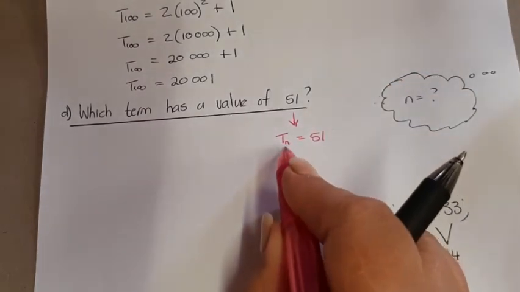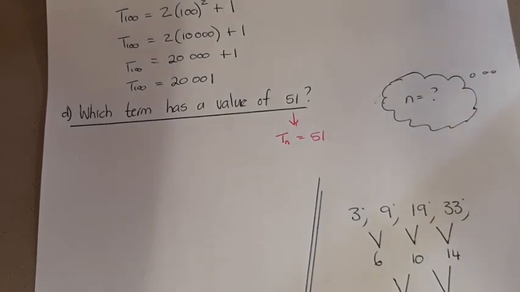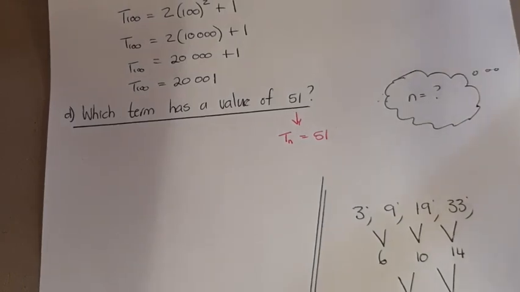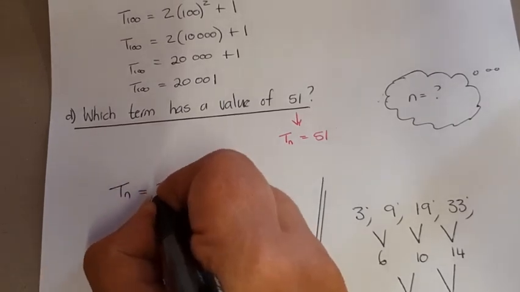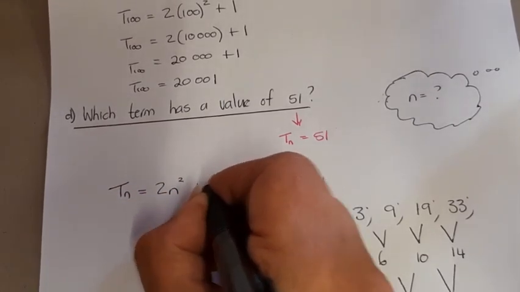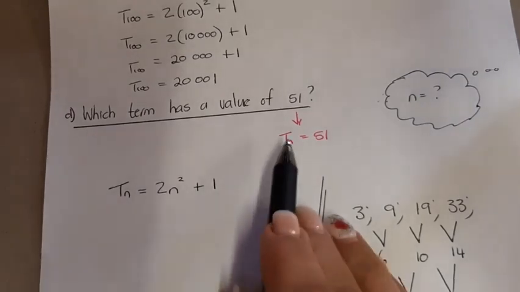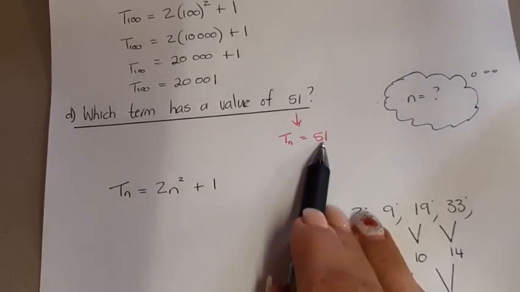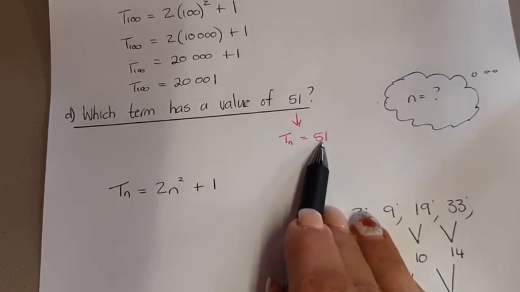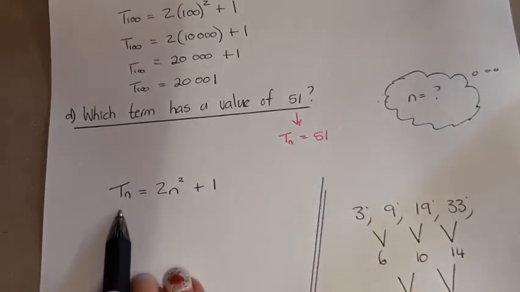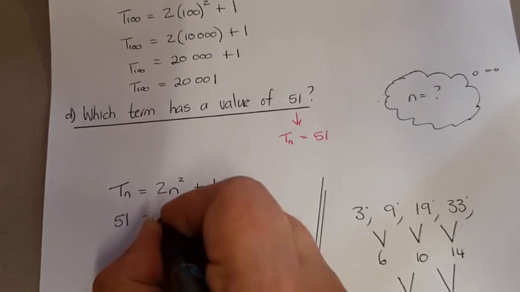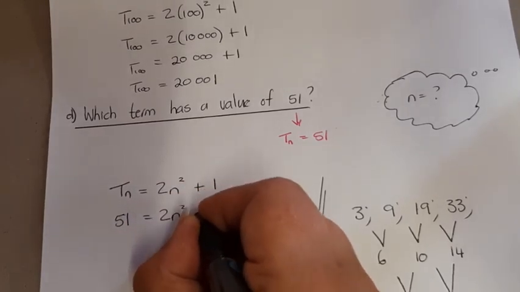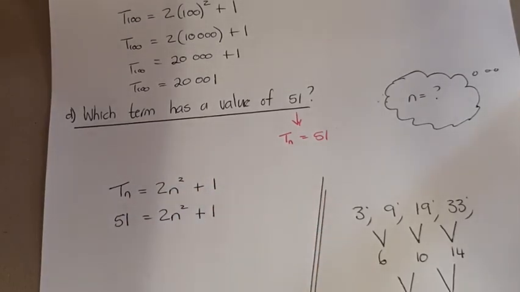What is n's value? Again, I use the general term. Tn equals 2n squared plus 1. I know that Tn is 51, so I'm going to place the 51 into Tn's place. 51 equals 2n squared plus 1.